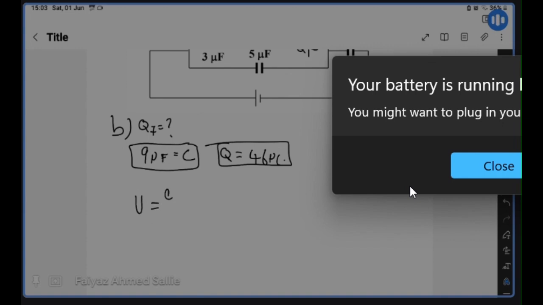So our voltage is equal to charge over the capacitance, which is equal to 46 microcoulombs over 9 microfarads. So we're going to cancel that, and we're going to have a voltage of 46 over 9, 5.1 volts.